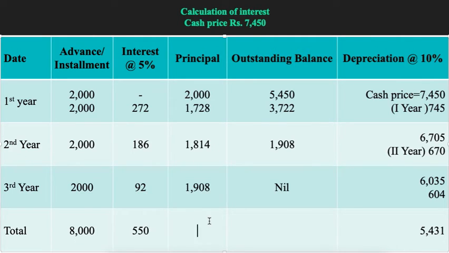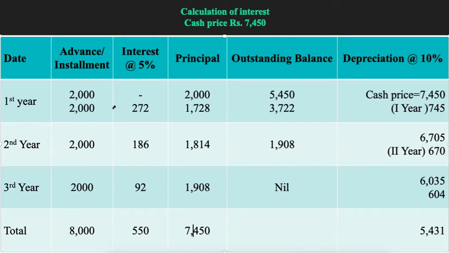Now if we talk about the principal amount, it is how much? 2000 plus 1728 plus 1814 plus 1908, and the total amount is 7450. Fine, 7450. Now if we see the total installment here, advance and installment together, it is 8000. If we add interest as well as the principal amount, the total will be again how much? It will be 8000 only.